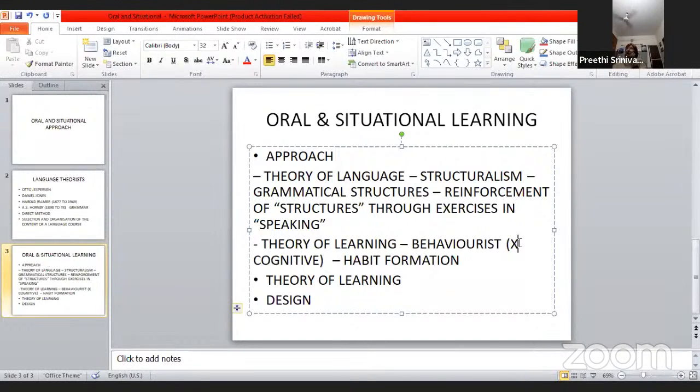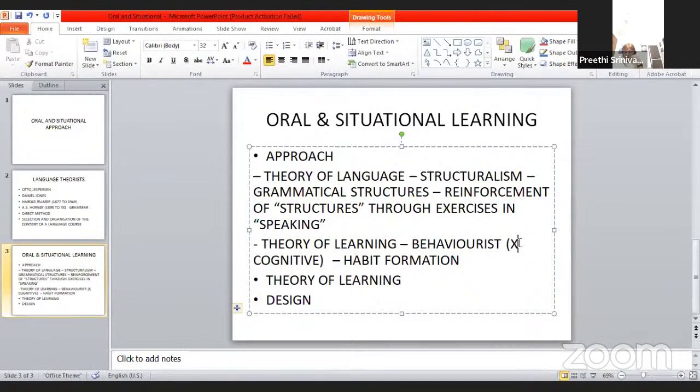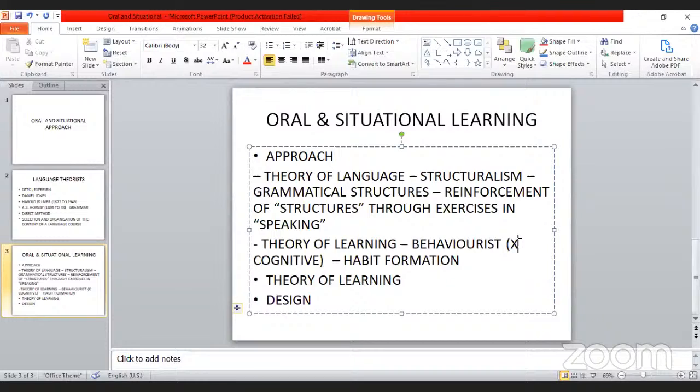Right? So as I told you, psychologists use two approaches. One is the behaviorist approach, and the other is the cognitive approach. Aisha, what are the two approaches? Behaviorist approach and cognitive approach. So the oral and situational learning uses which approach?